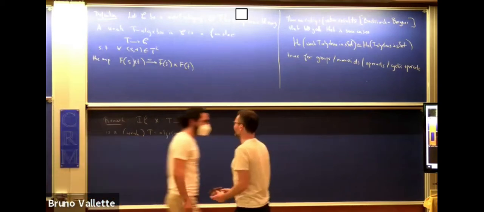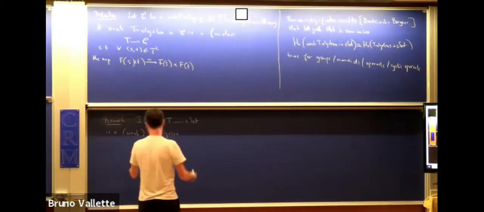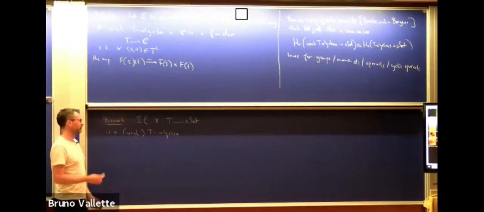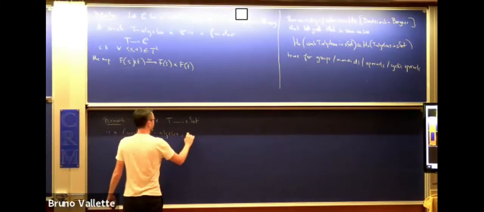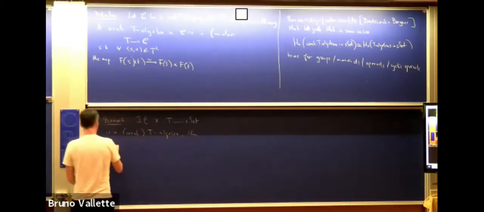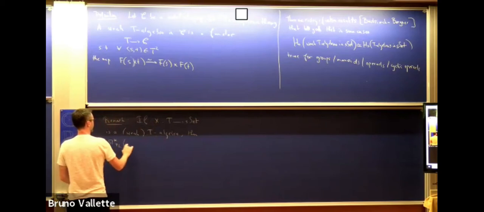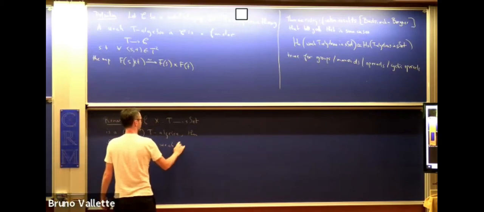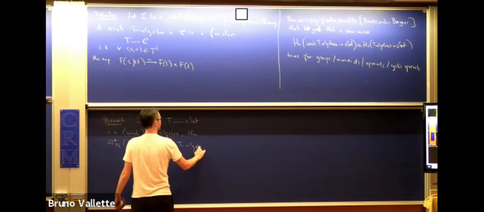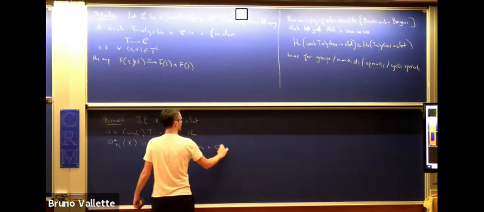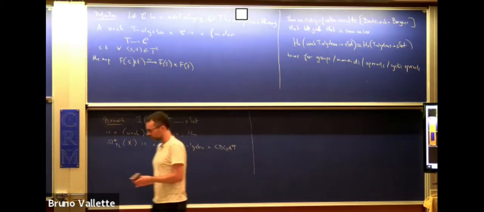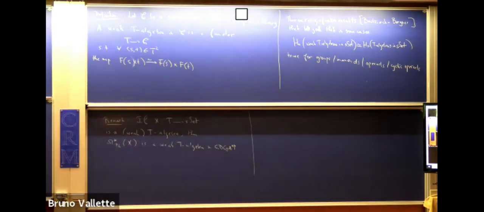Okay, so the remark I was going to make is that for this remark to work, you only need X to be a weak T algebra. Then Ω*PL of X is a weak T algebra in CDGA^op.